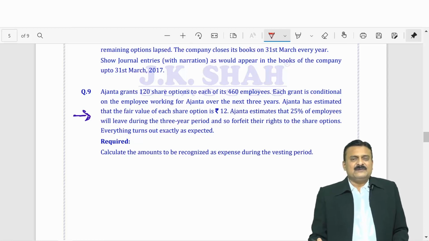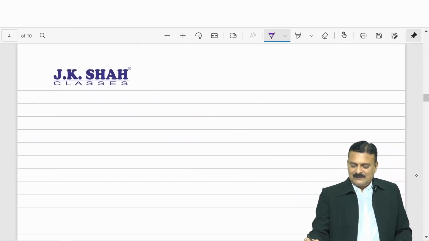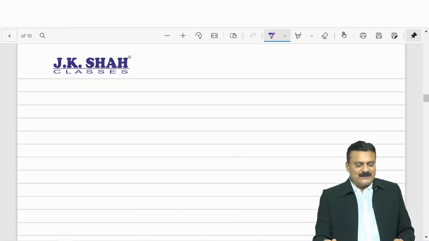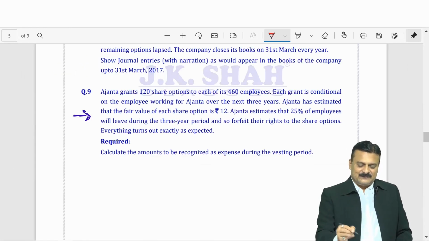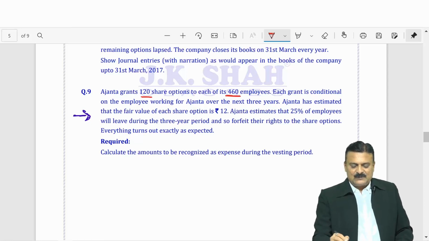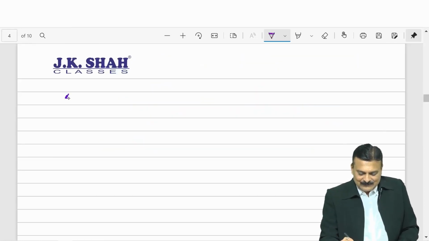So in this kind of sum, there is no need to prepare a big table like what we prepared in the previous sum. A simple calculation is what you can make. How many employees were there? It says options, it says 460, right friends? 120 options and 460 employees. So my total options: 460 employees, per employee 120 options.